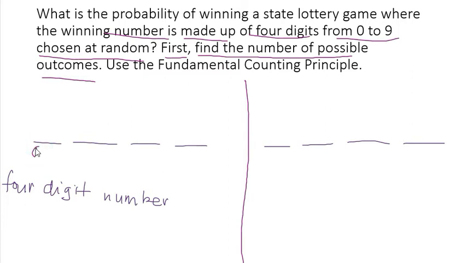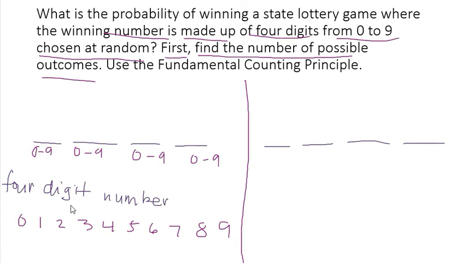The choices are 0 to 9, 0 to 9, 0 to 9. What do we mean by 0 to 9? The choices are 0, 1, 2, 3, 4, 5, 6, 7, 8, 9. If you check how many outcomes that is: 1, 2, 3, 4, 5, 6, 7, 8, 9, 10. 10 choices. If you're talking about a 4-digit number, 0 will not be included for the first digit.